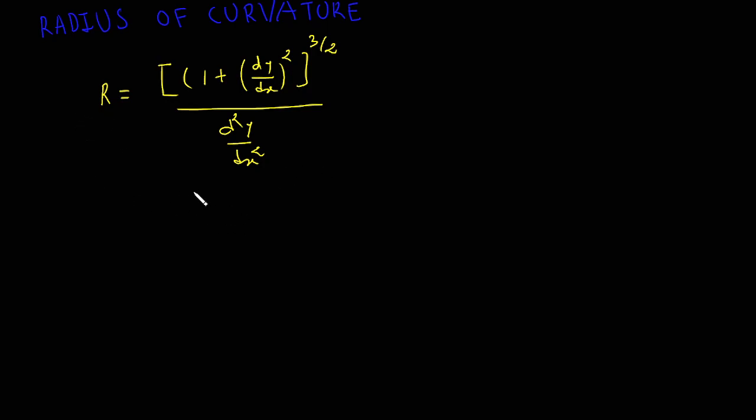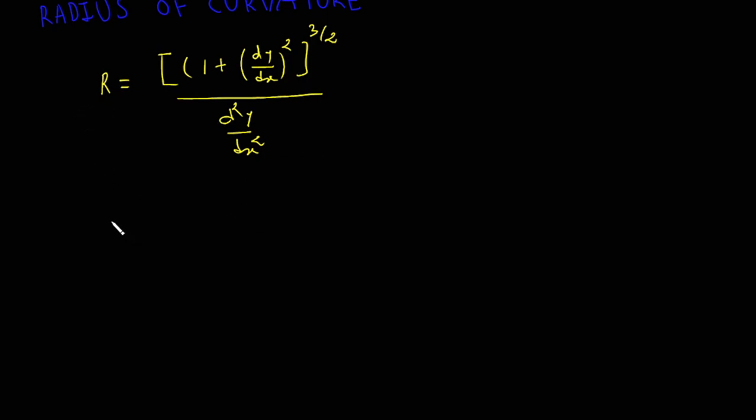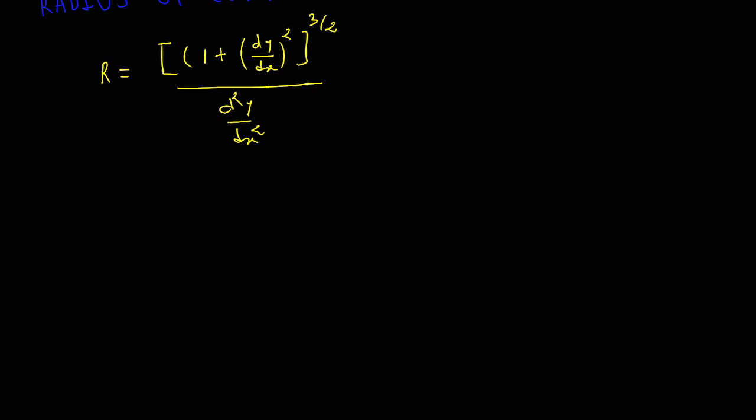Now first of all, let's assume one function. Let our first function be the exponential e to the x. We also call this function y, so we can equate it to y.